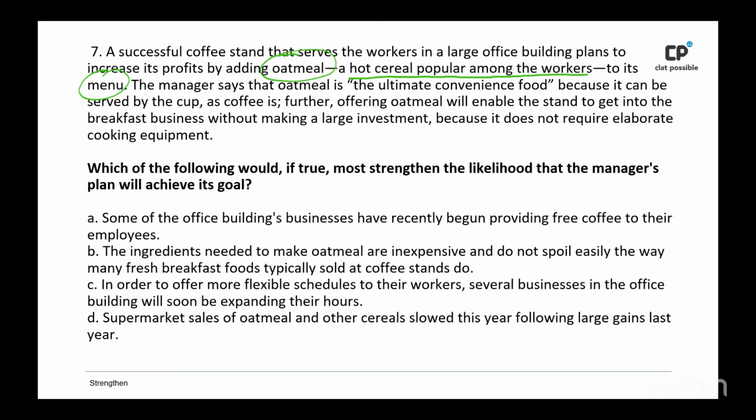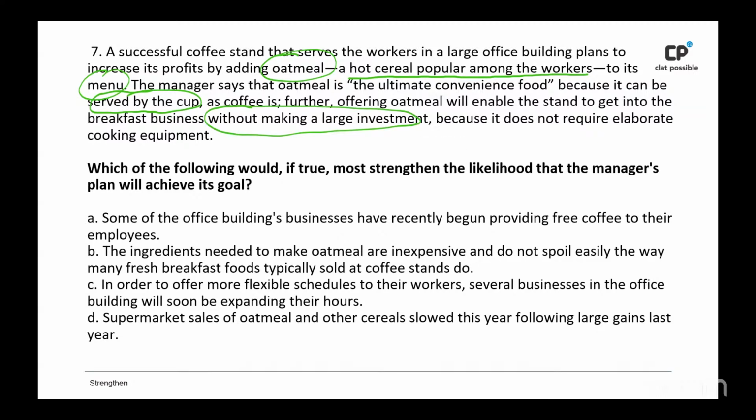The manager says that oatmeal is the ultimate convenience food because it can be served by the cup as coffee is. Further, offering oatmeal will enable the stand to get into the breakfast business without making a large investment. So two points: number one, it is easy to serve, and two, it does not need a large investment.